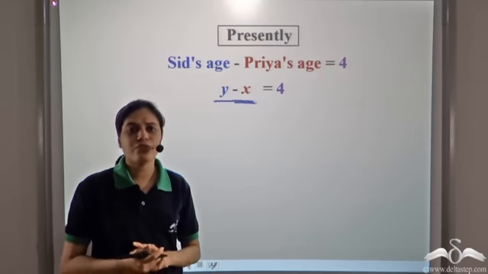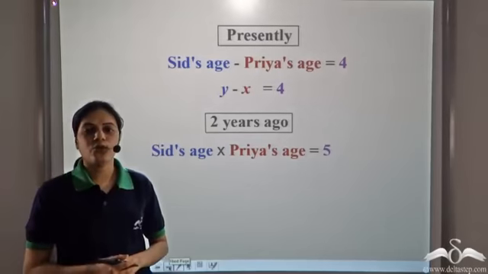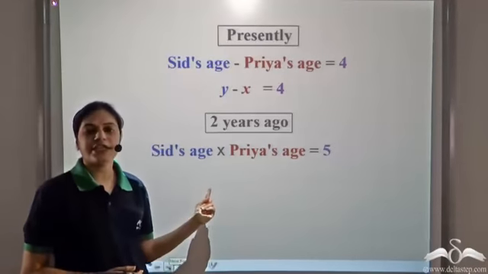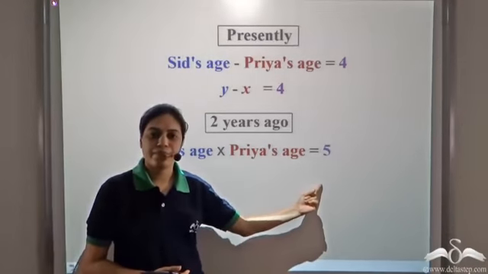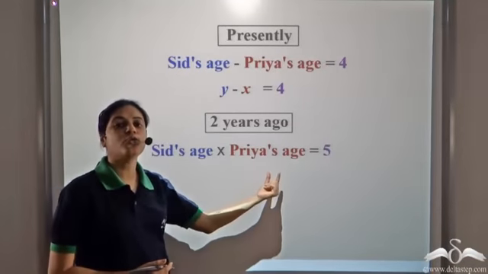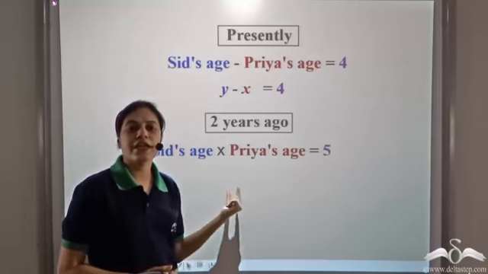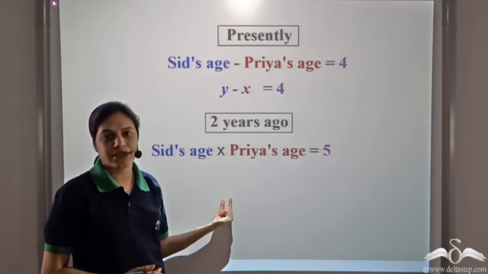So, let me give you one more hint. Well, 2 years ago, the product of their ages was 5. So, 2 years ago Sid's age into 2 years ago Priya's age is equal to 5. So let us represent this mathematically.